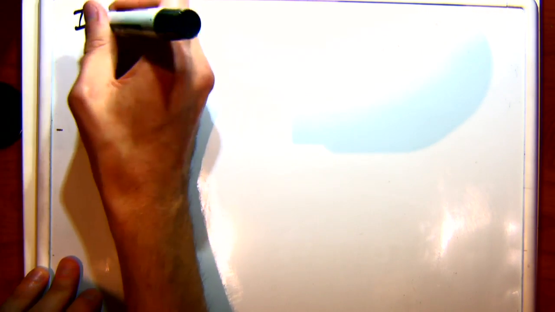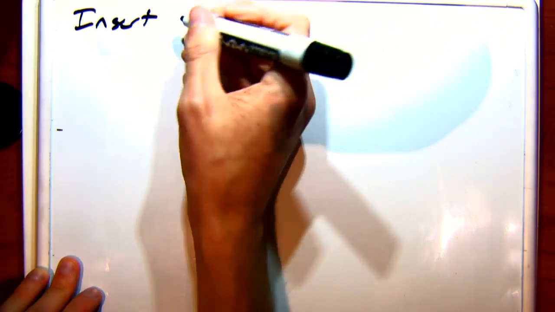All right, so we're going to do the insertions for a binary search tree that's not self-balancing. I'm going to put the operations that we're going to be doing here.